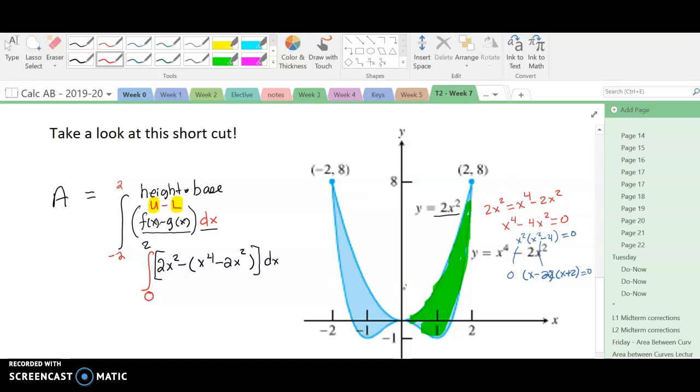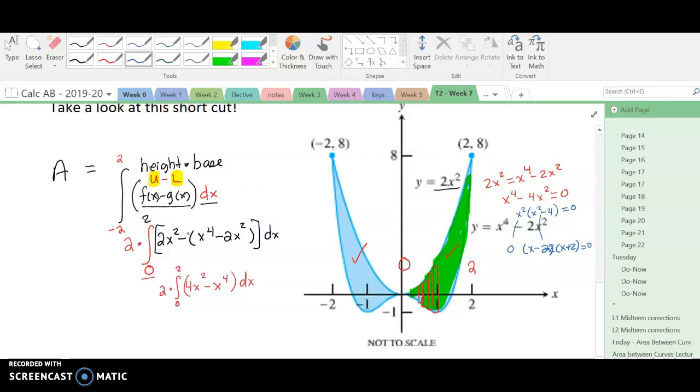The green area goes from 0 to 2 with all of my rectangles that I could draw. And so instead of going from -2 to 2, if I go from 0 to 2, I just have to remember that this area is the same as this area. So I could turn around and double my result. And there is the shortcut.